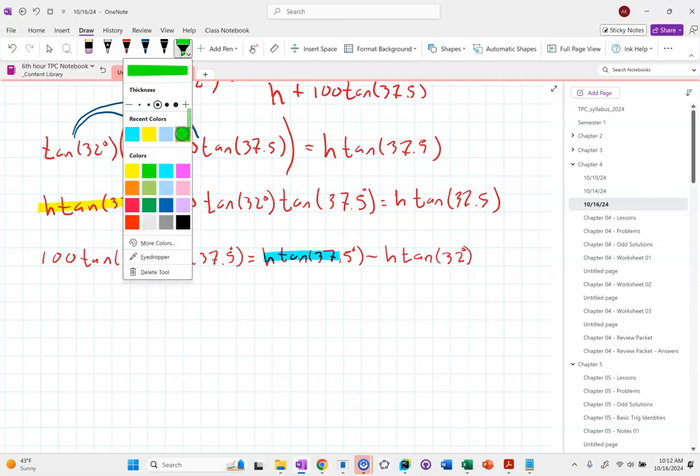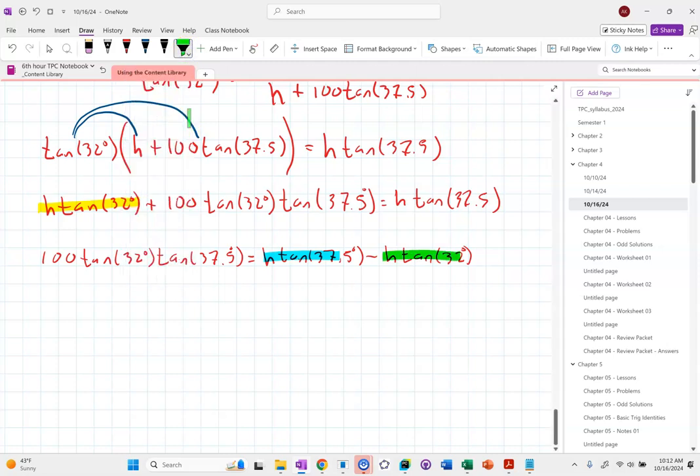Well, if I look at these as two separate terms, do you notice anything in common between them? Is there a common factor between the blue and the green? They both contain a factor of h, right? They both have an h in them. What I'm going to do is factor that h off.